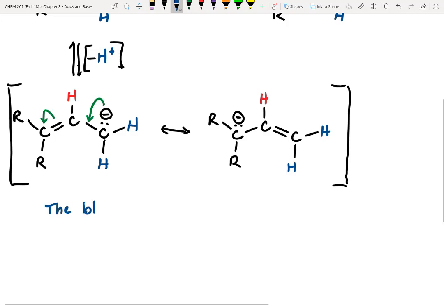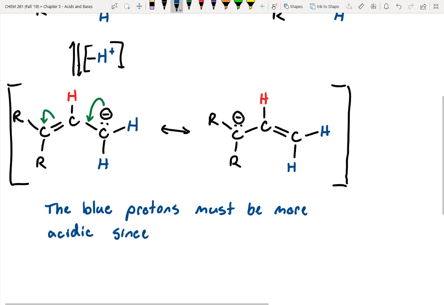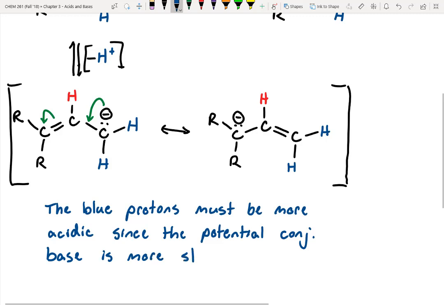The blue protons must be more acidic since the potential conjugate base is more stable. And like we said, this was due to resonance.